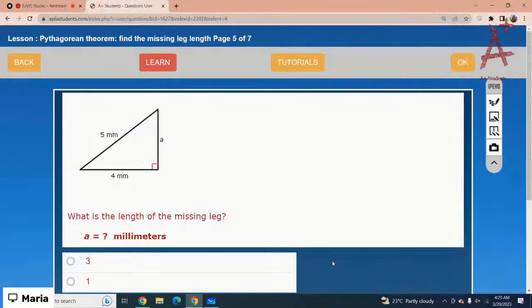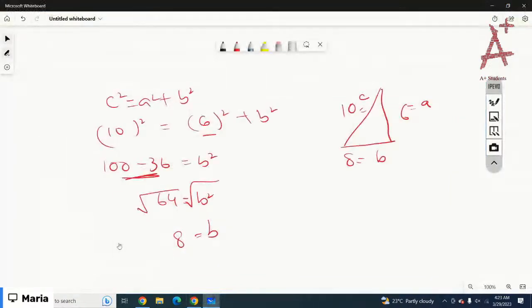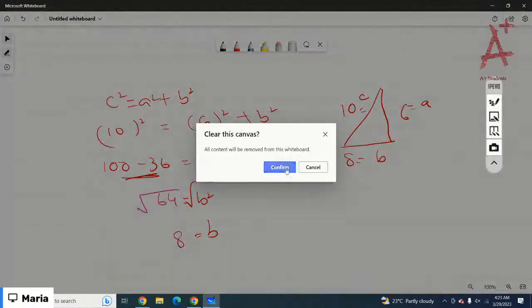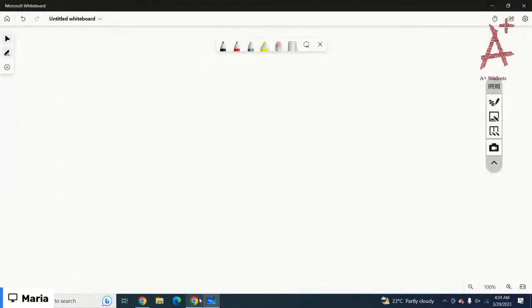Okay, what is the length of the missing leg? 5 and 4. It will be c square equals a square plus b square.